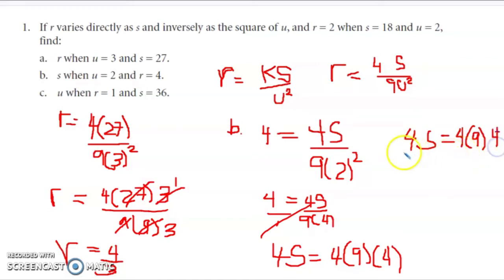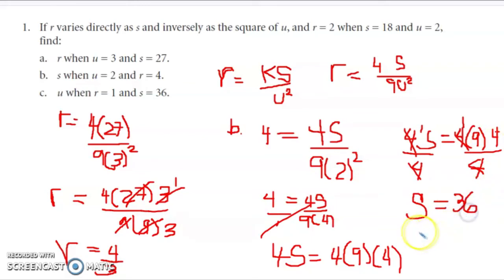I'll be dividing both sides by 4 so that S will be isolated here. So that will be 1. 1 times S is S. Take note that 4 divided by 4 is 1. So 9 times 4 now is equal to 36. So the value of your S is 36.